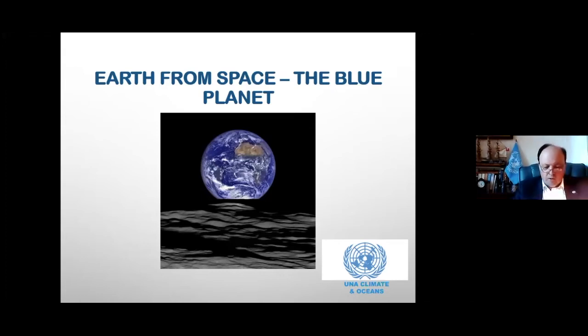But this systemic approach, even from space, is needed because, as a planet, we need the whole solar system in order to sustain our planet and our climate for that matter. The sun, of course, binds our solar system together through its gravitational force, and its radiation is essential for our biosphere. The other planets in our solar system need to stay in stable orbits for our planet to stay in a relatively stable orbit, so that we have a stable climate.